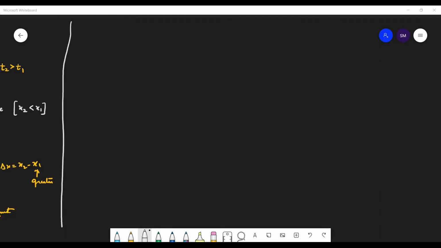Other than that, this class was aiming for the students, like I taught them average velocity and instantaneous velocity concept yesterday. So today I was supposed to take the numericals based on it. But the students are unfortunately not present in the class.